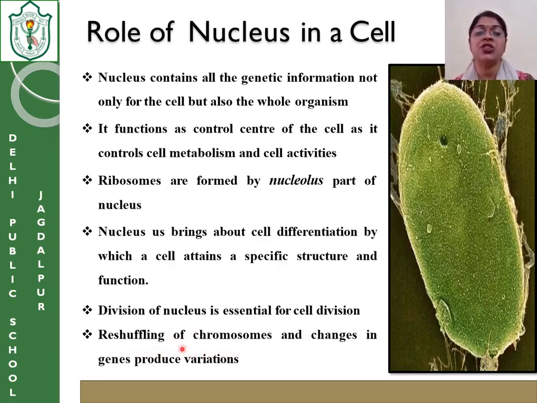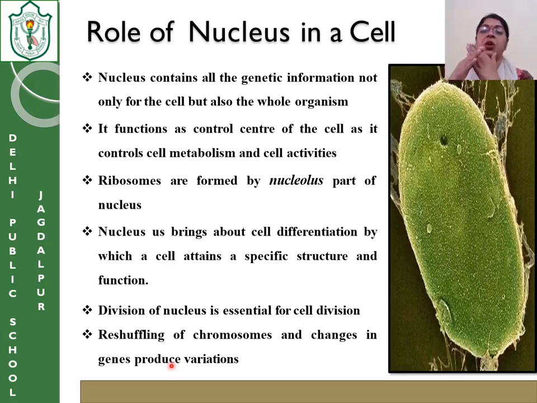Reshuffling of chromosomes and changes in the genes produce variations. Yes, because genes are located on a specific area of the DNA. So which part of the chromosomes is going to cross with the other parent's chromosome, that changes the variation. Now suppose this is the chromosome of the father and one gene is located here, and the mother's gene is located elsewhere.